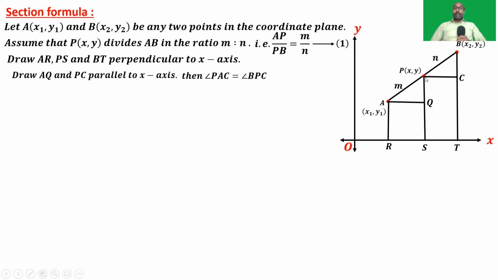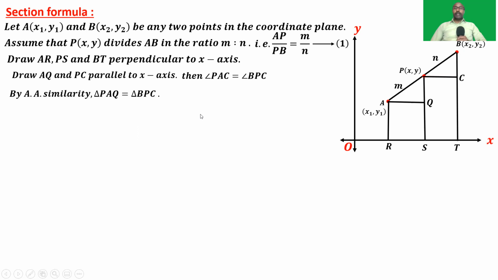Now in triangle BPC and triangle PAQ, angle P and angle A are equal, and angle Q and angle C are 90 degrees. So by angle similarity, these two triangles, PAQ and BPC, are similar triangles. You have to write the similarity symbol: triangle PAQ is similar to triangle BPC.